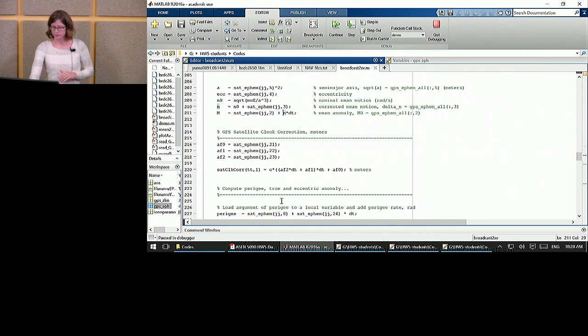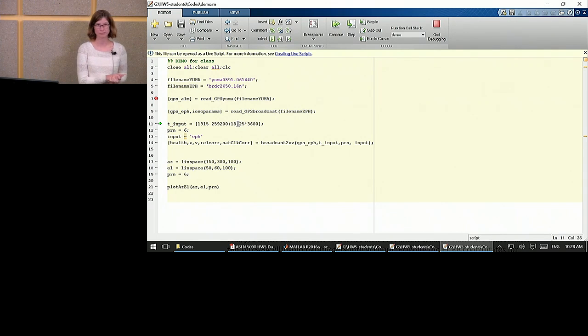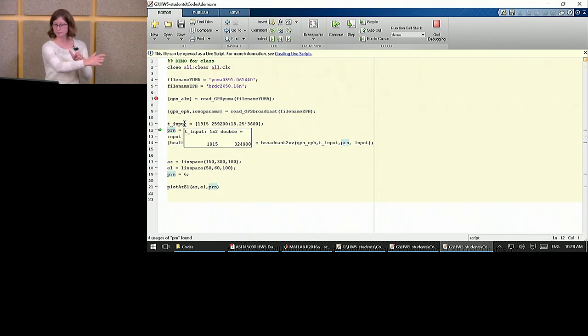So let me go back to my demo, which I had here. I picked a random time, and this is 18.25 hours after GPS time midnight at day 3 in this week. The time input takes a week number and then the time of week.